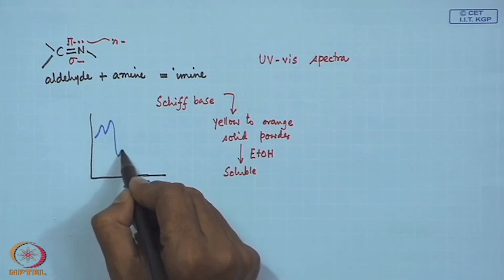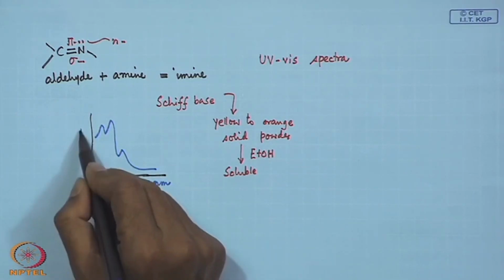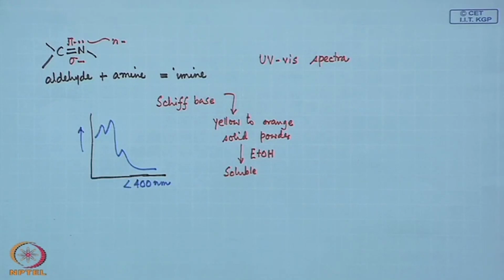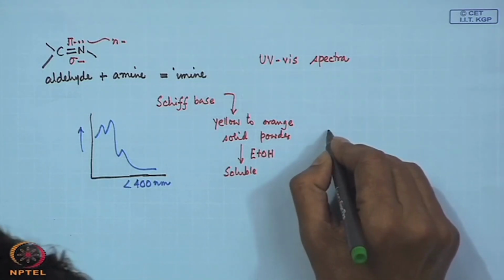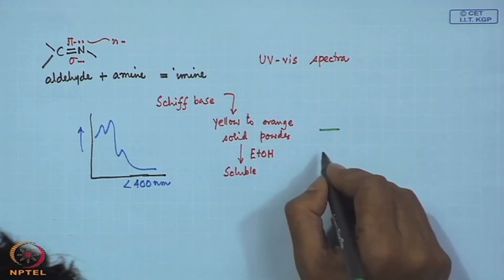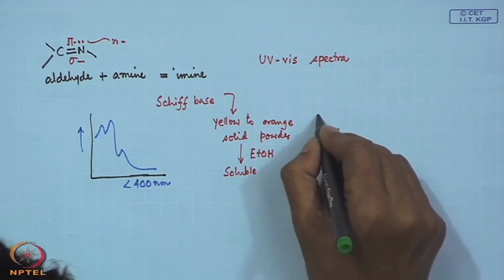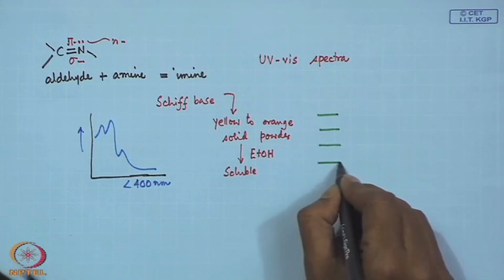So, if we have a multiple feature like this for the absorption, these electronic transitions are taking place due to the presence of some levels what we have considered earlier as these 5 distinct levels.